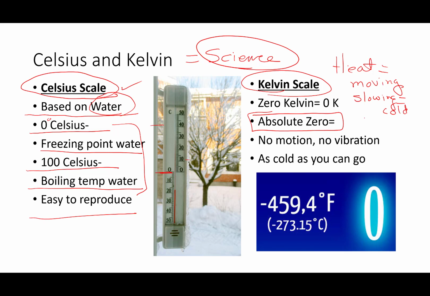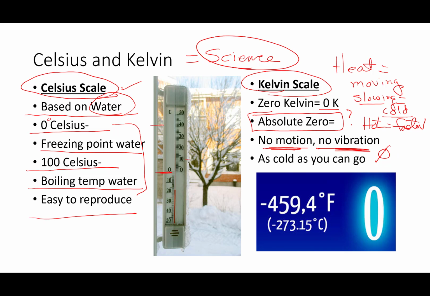When things get hot, molecules and atoms move faster. Well, Kelvin asked an interesting question. His question was, if slow moving objects mean cold, can you get to a point where there is zero motion? And if there's no motion and no vibration, is there an absolute cold? Is there a temperature at which nothing moves?